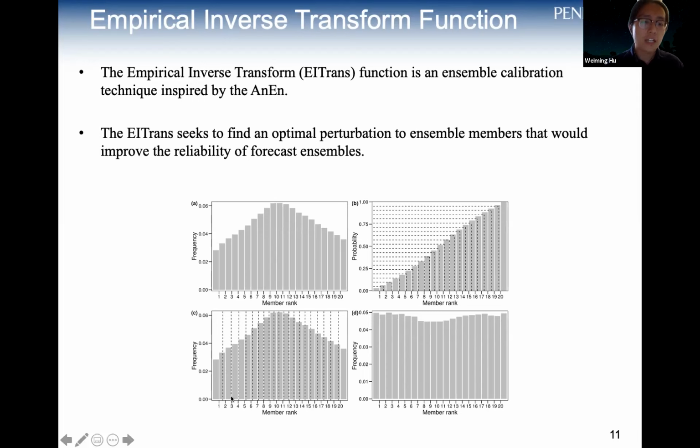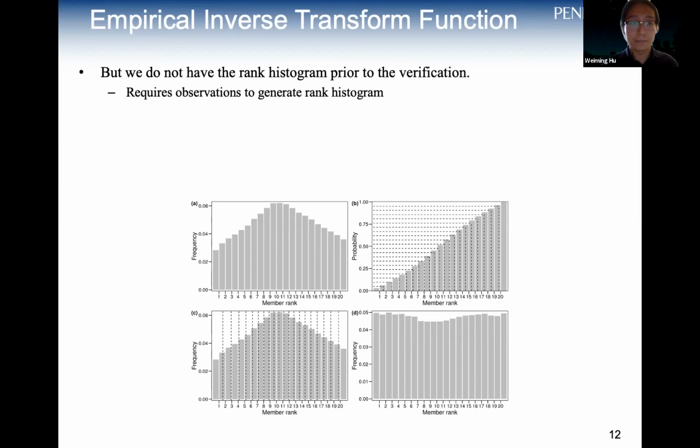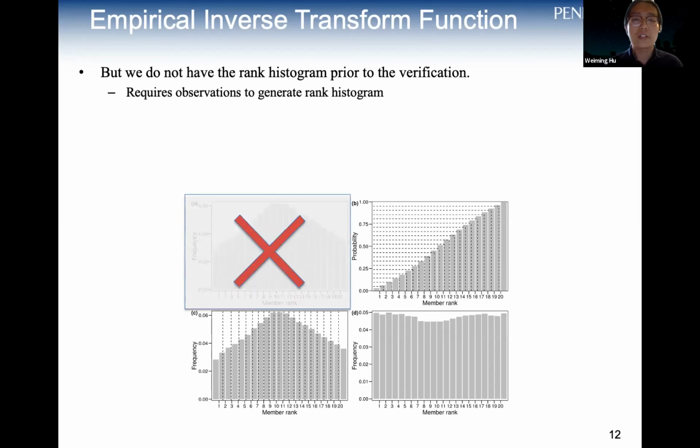But how do you actually find out those locations? How do you actually find out how much you want to perturb each ensemble member? Because what you're seeing here on the x-axis is simply a rank. It's not a continuous value, but you need to find out what the actual values are. So there is one more problem: we actually don't have a rank histogram in the operational sense. It requires observations to generate a rank histogram.